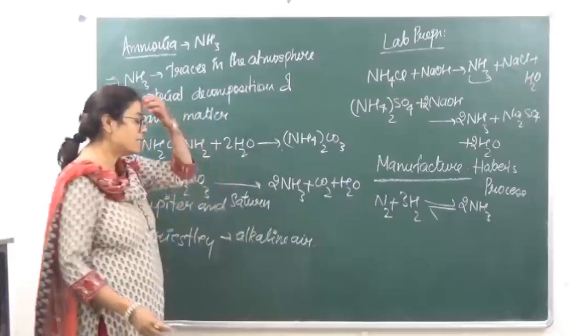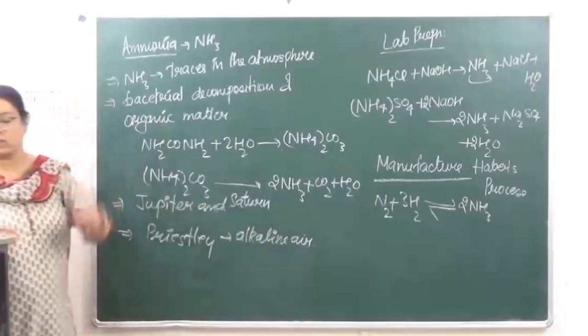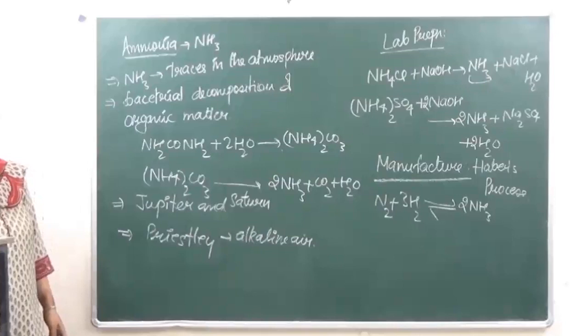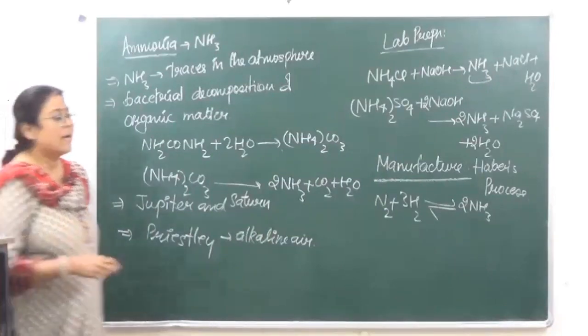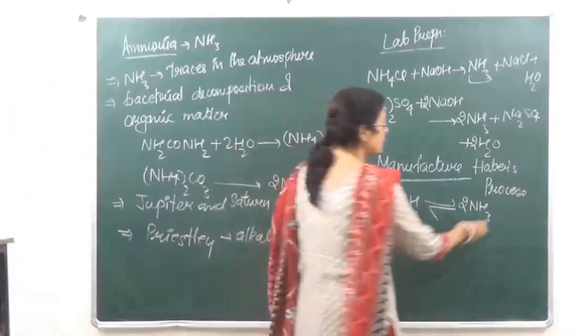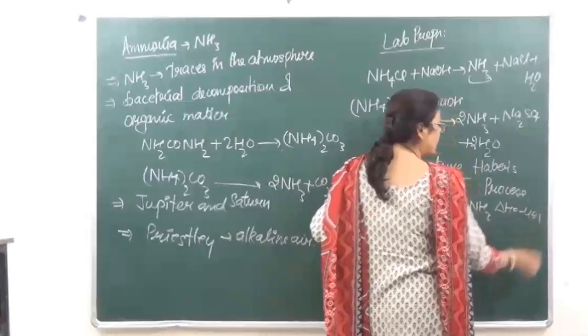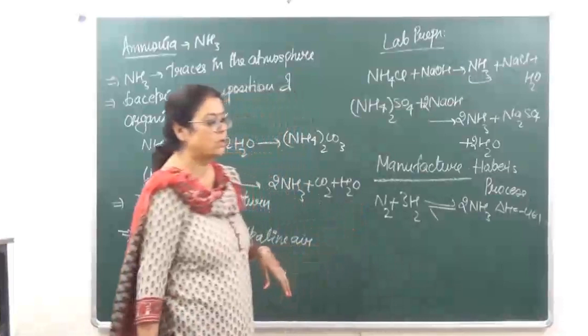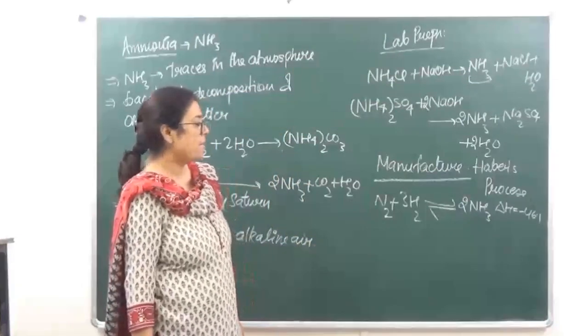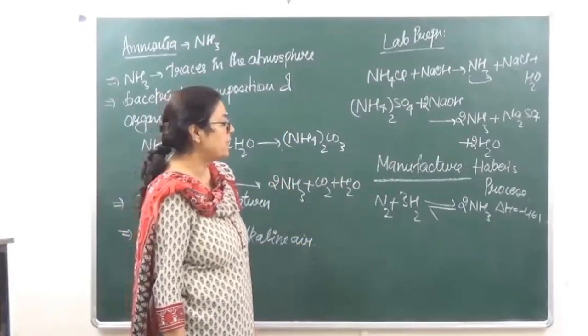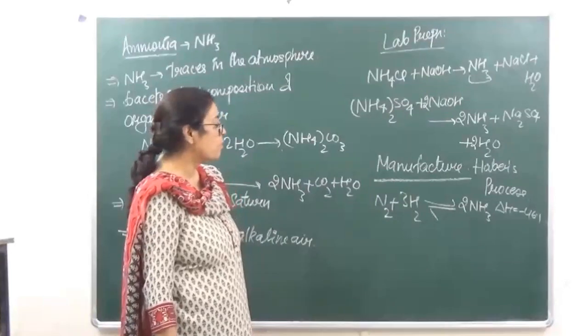Okay. Now in this case it is seen that energy is given out, so the reaction is going to be exothermic, and delta H in this case is minus 46.1 kilojoules per mole. Okay, minus 46.1 kilojoules per mole.